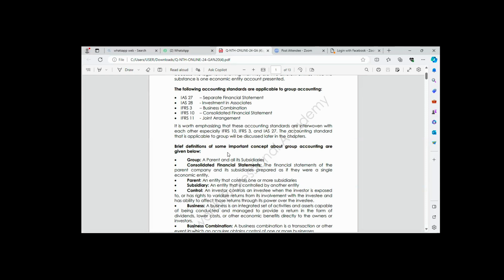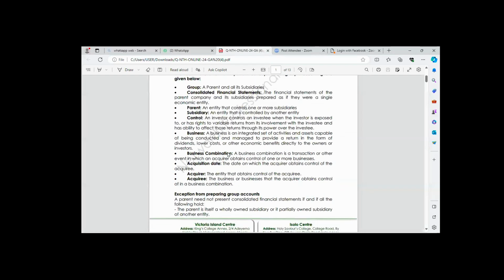An investor controls an investee when the investor is exposed to, or has right to, variable returns from involvement with the investee and has ability to affect those returns through its power over the investee. Then business combination. Acquisition date, he has control. Who is an acquirer? The person that has control. Acquiree, the one they control.